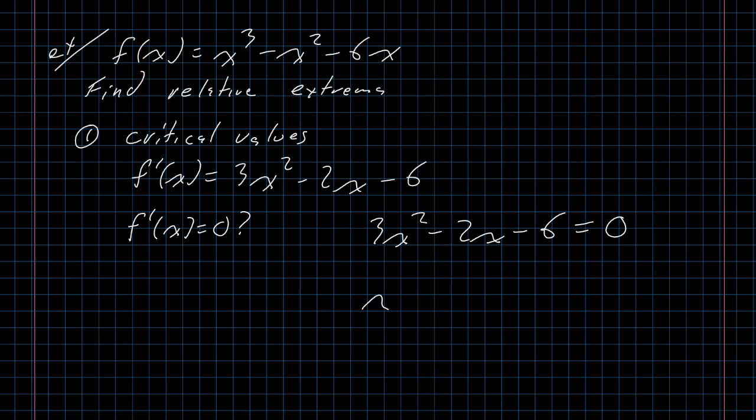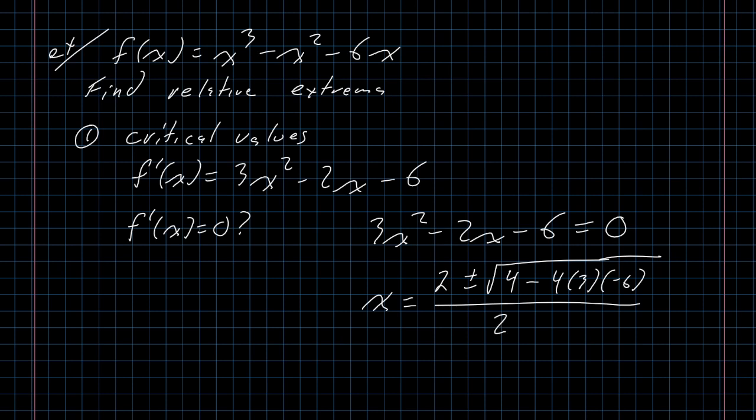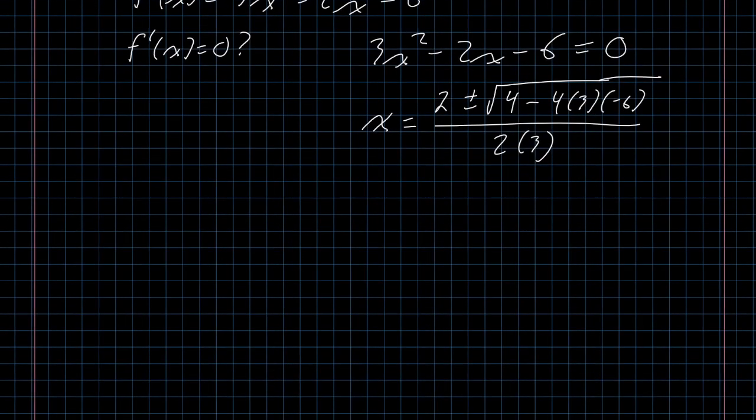So I'm going to jump right to the quadratic formula. x equals the negative of b, that's going to be positive 2, plus or minus the square root of b, negative 2 squared is positive 4, minus 4 times a, which is 3, times c, which is negative 6, all over 2 times a, which is still 3.